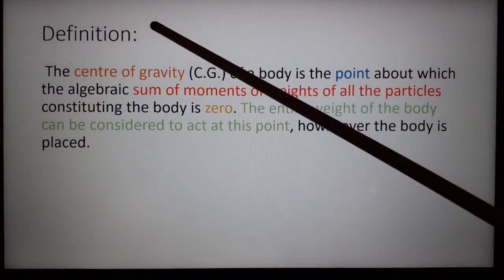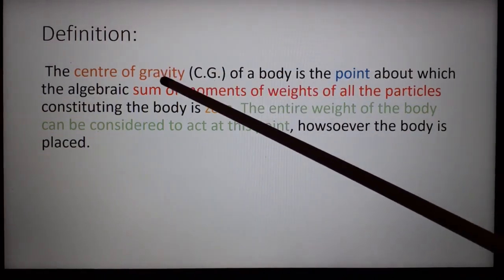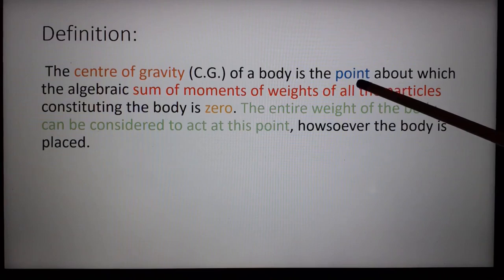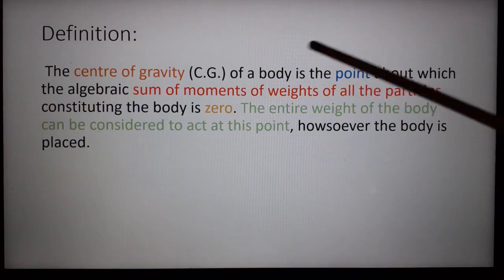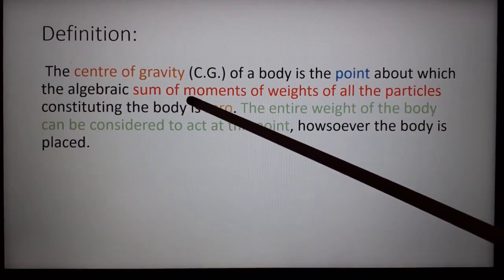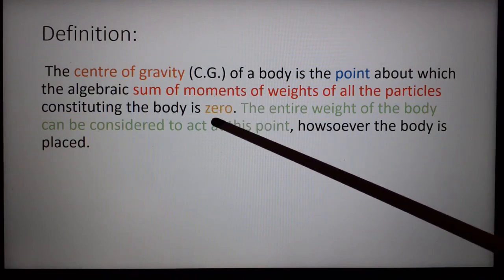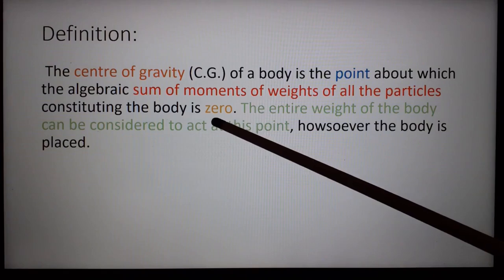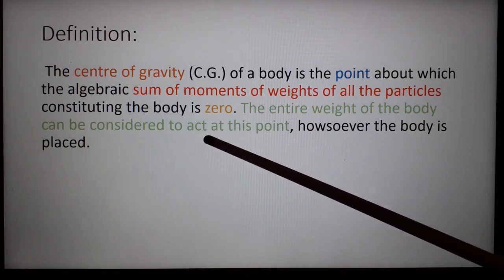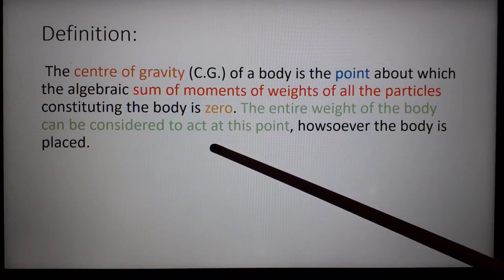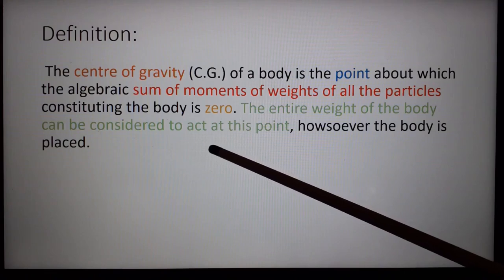So, definition is, the center of gravity of a body is the point about which algebraic sum of moments of weights of all the particles constituting the body is 0. The entire weight of the object can be considered to act at this point, howsoever the body is placed, right? So weight of whole body is concentrated at its center of gravity.